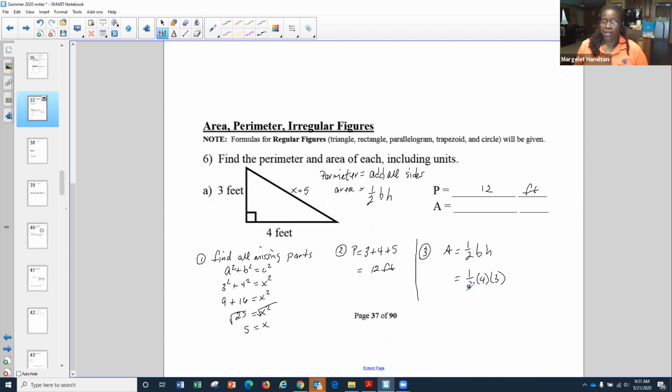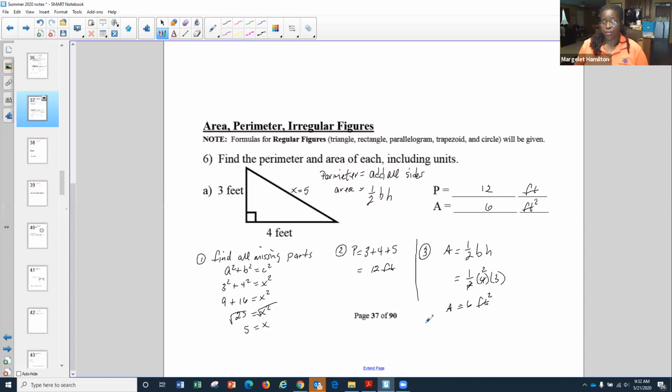We see that clearly 2 goes into 4 2 times, and then just multiply 2 times 3 gives you 6. You have 6 feet. But now remember, we're talking about area. So remember that area, when you're talking about the inside of something, you have to take action on your dimensions. So we have feet squared. So we have 6 feet squared.